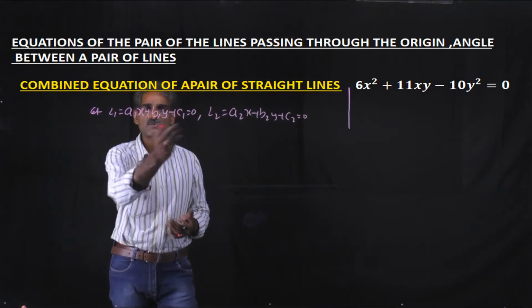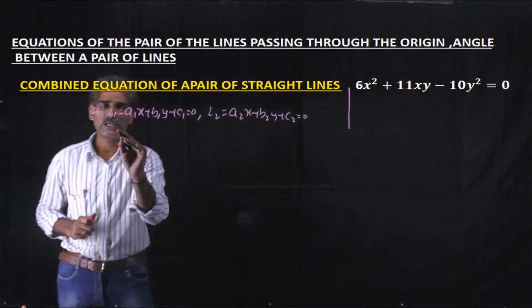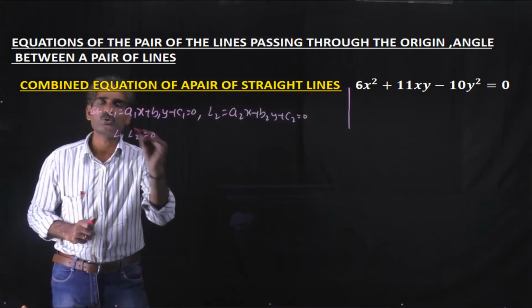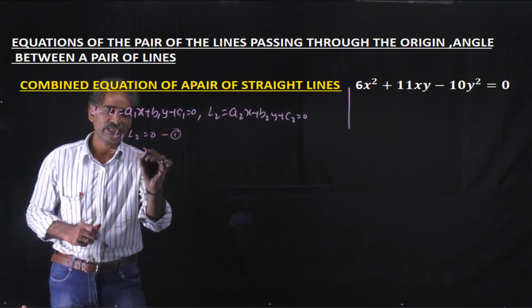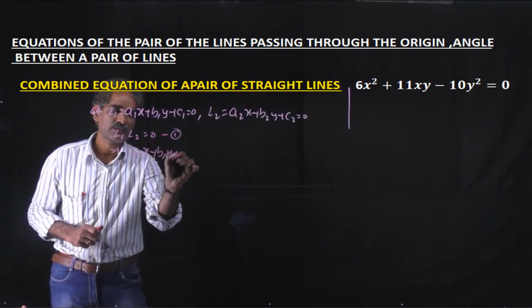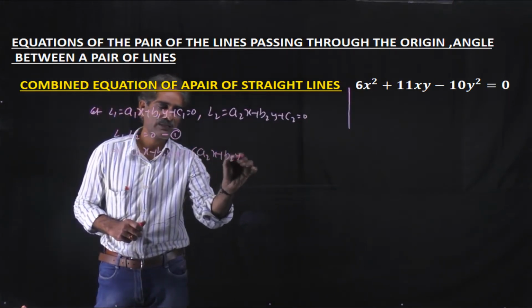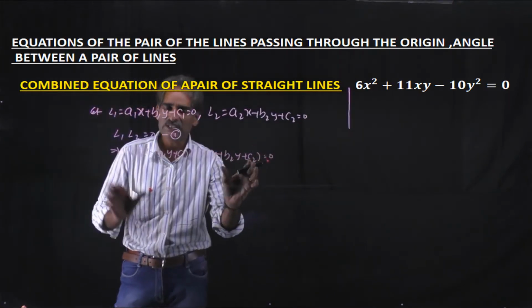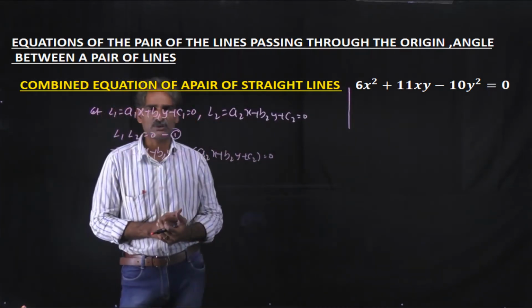These first degree equations in x and y represent two lines. Suppose L1 into L2 equal to 0, let it be 1. That means (A1x plus B1y plus C1) into (A2x plus B2y plus C2) equal to 0. This is an equation in terms of x and y, and it is a second degree equation.